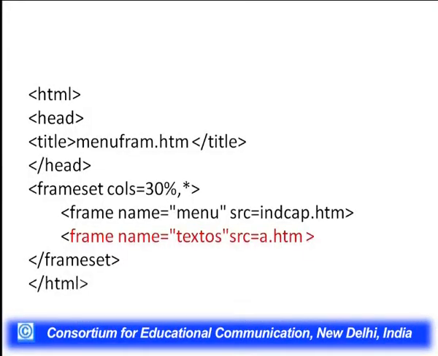You can see here the name textos has been given. So, all the files that will be linked, all the hyperlinks have been targeted to this frame textos. So, when the user clicks any of those hyperlinks, the linked file will open in the frame textos.